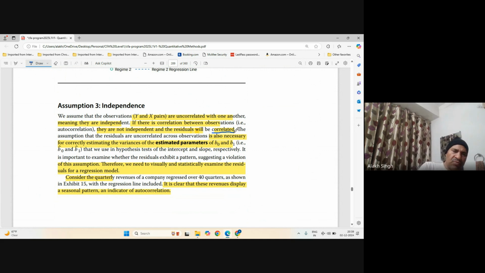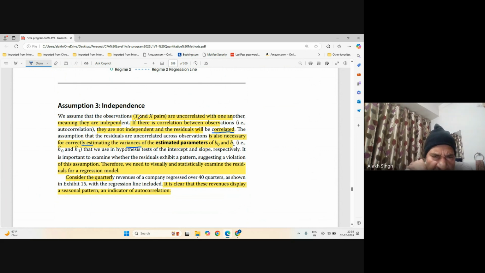So the pairs of x and y being uncorrelated is tested by whether the residuals are uncorrelated. The assumption that the residuals are uncorrelated across observations is also necessary for correctly estimating the variances. So what is the problem?